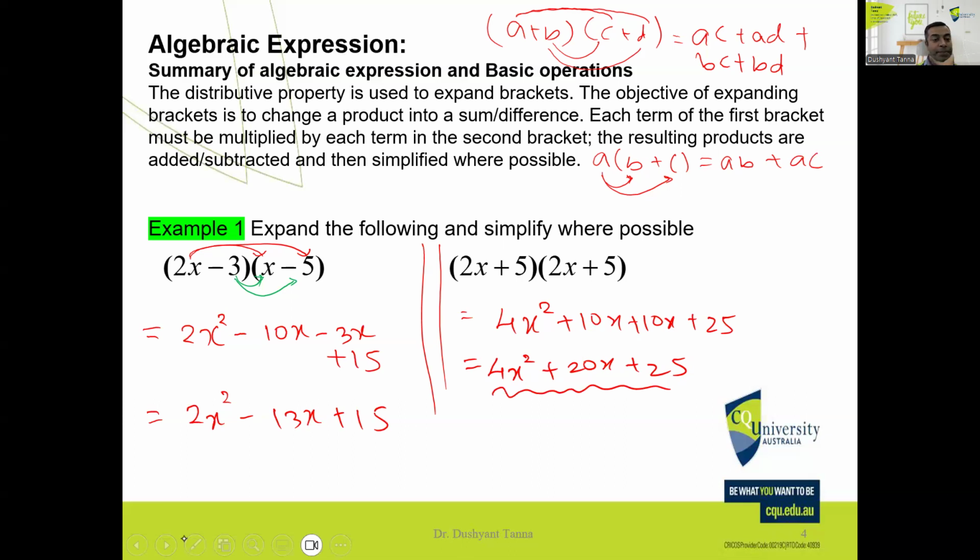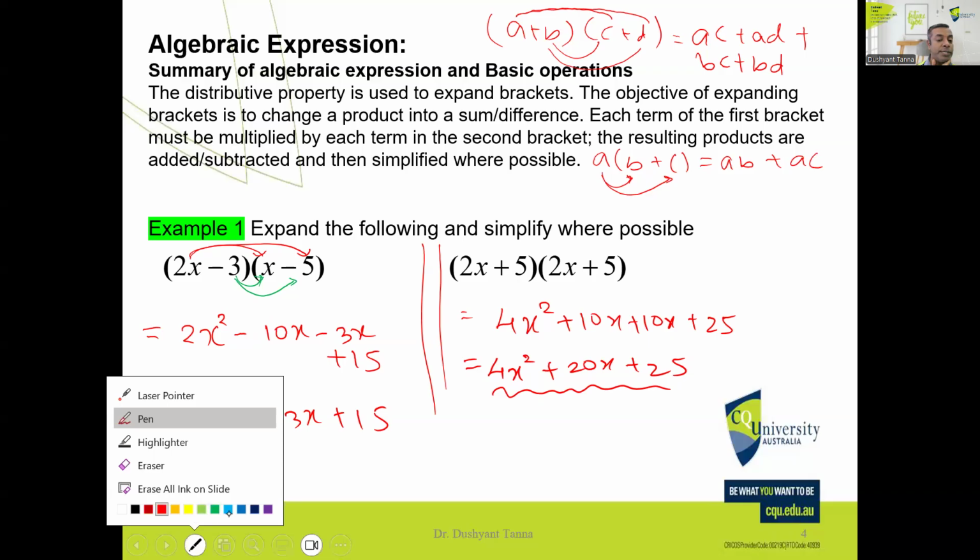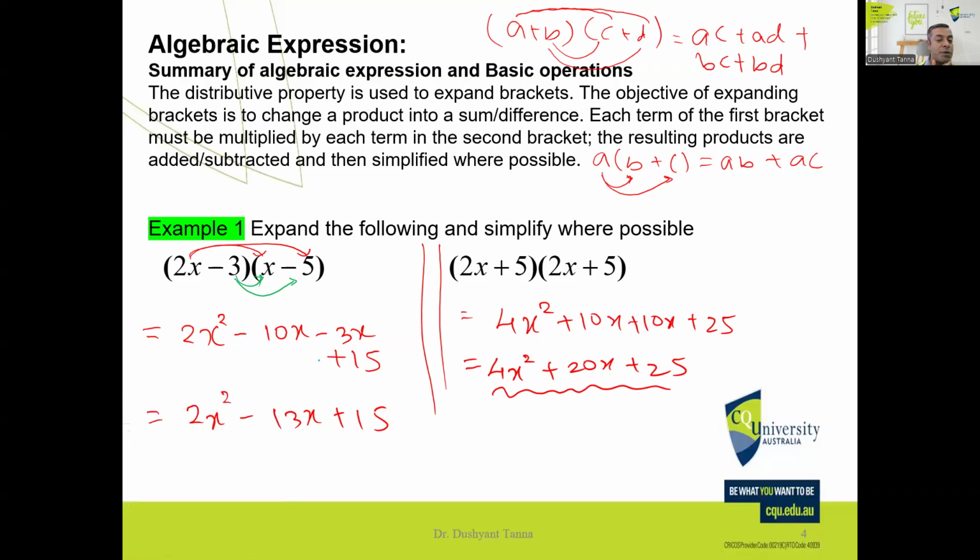So what we do, 2x times x is 2x squared, 2x times negative 5 is negative 10x. Minus 3 times x is minus 3x, and negative 3 times negative 5 is positive 15. Please observe this because many of you will make mistakes here and unnecessarily lose half a mark.